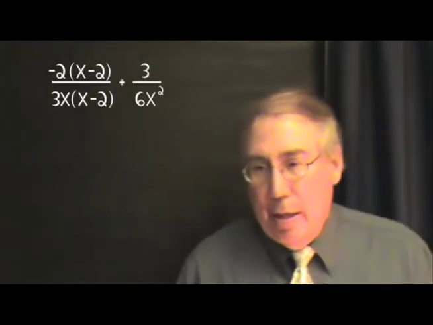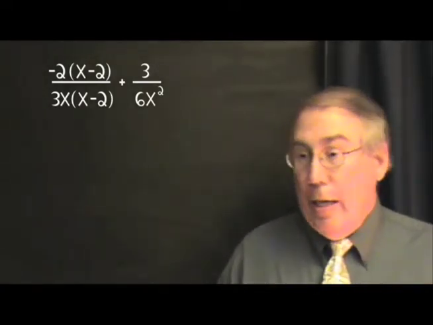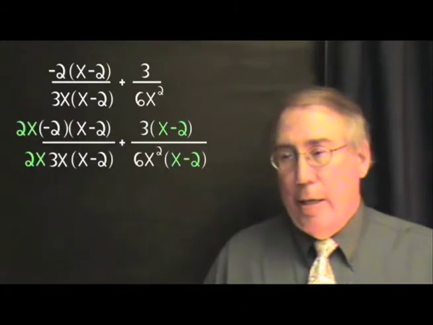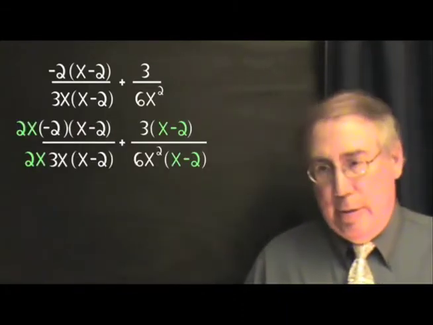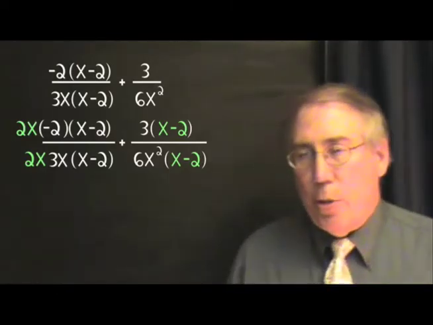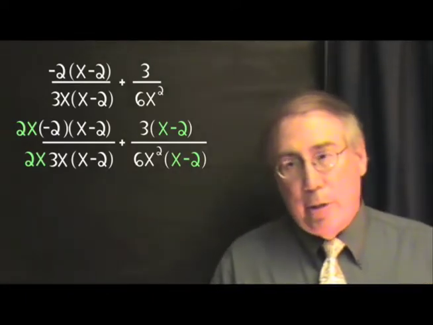Next problem here. Let's find the least common multiple for our two denominators. It looks like it's 6x squared times x minus 2, if you use what we just went over. In the first fraction, we're going to have to multiply 2x times the numerator and denominator.